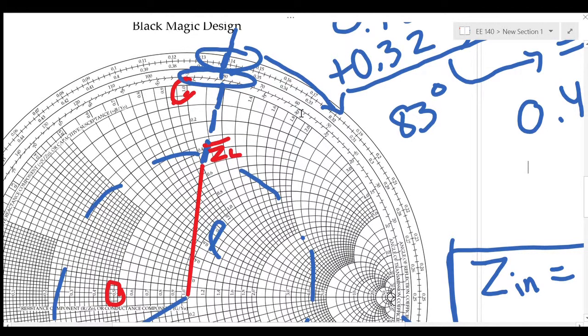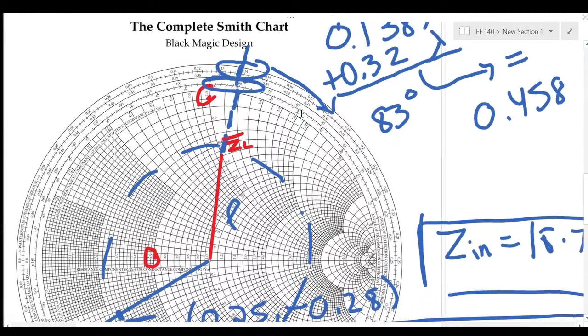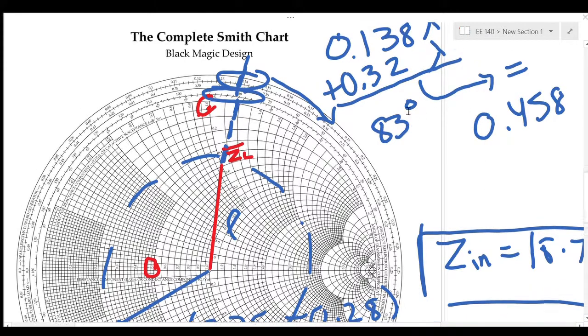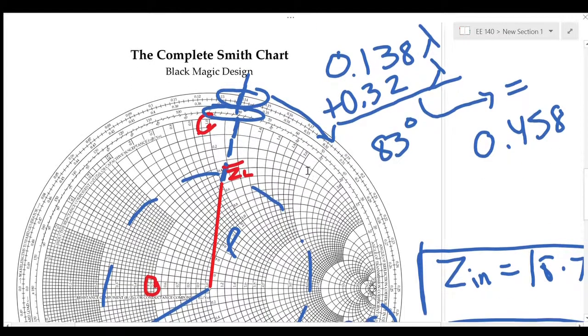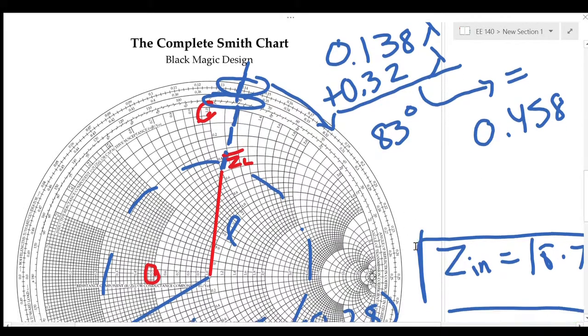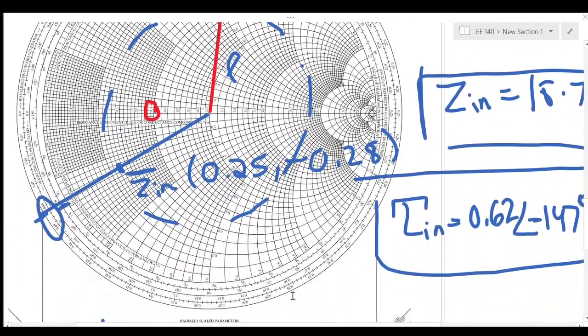Then we need to add the transmission line to our ZL, and that would give us our Zn. So when we're adding the electrical length of 0.32 lambda, we get 0.548. And we're moving in a clockwise direction. We come down, try to find 0.58, found 0.58.